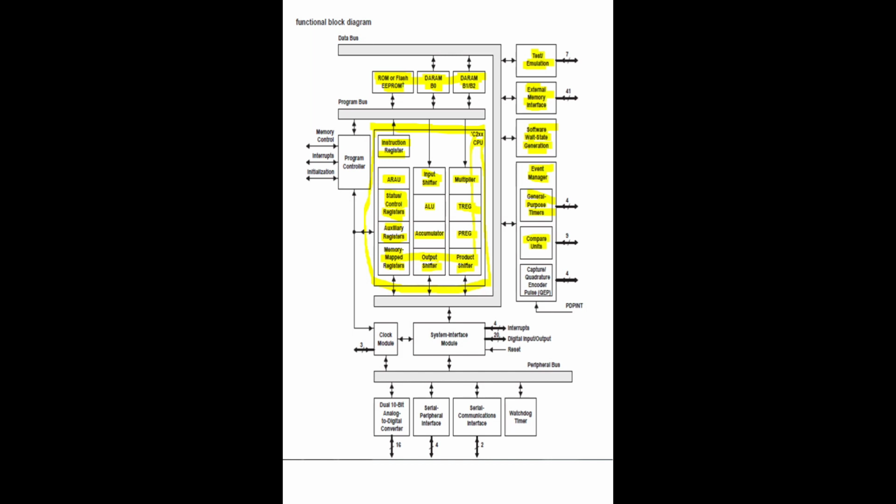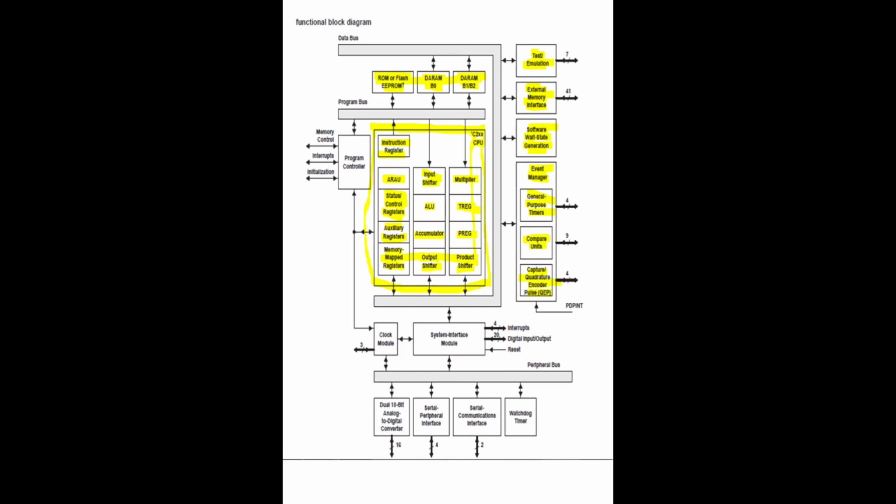Then capture and quadrature encoder pulse, QEP. Capture unit means at present what is the motor speed I want to capture and show to the user. That can be done with capture unit.